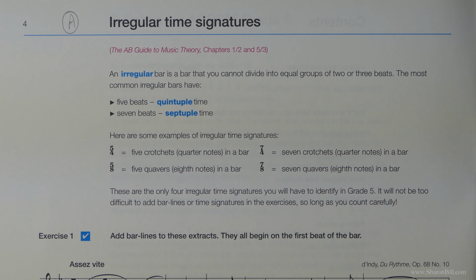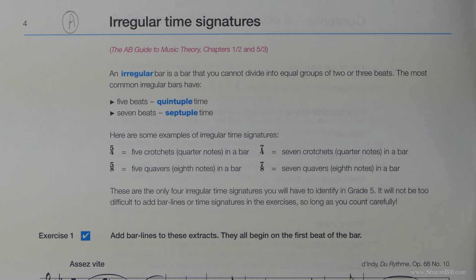Please do bear in mind that all of these grades are accumulative, so it builds upon the previous knowledge from the grades 1, 2, 3 and 4. And now we're going to finally add on this last top tier with the grade 5 information. So we're looking at irregular time signatures. It looks like we've got a lot of work ahead of us in this section, but actually it's pretty easy.